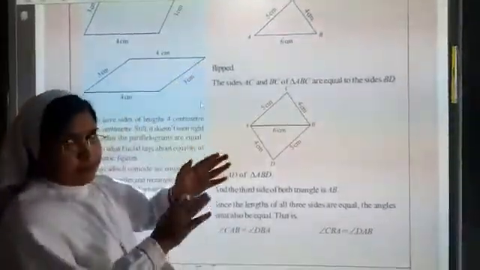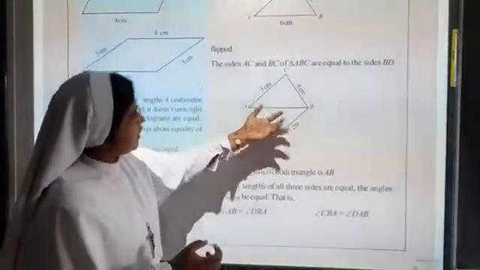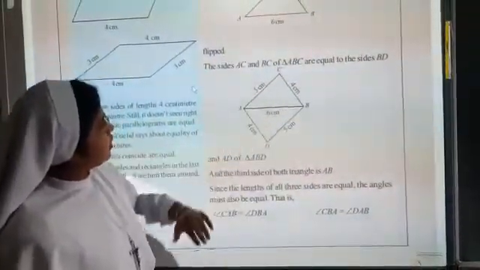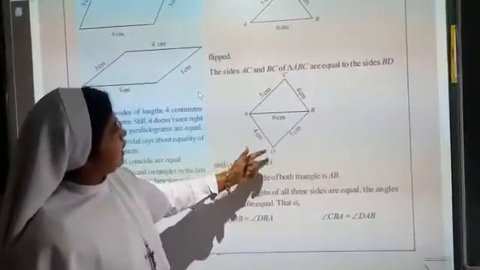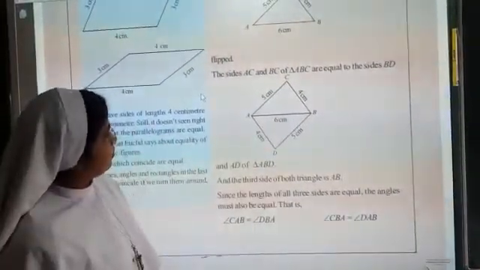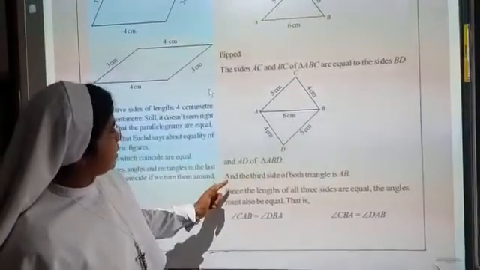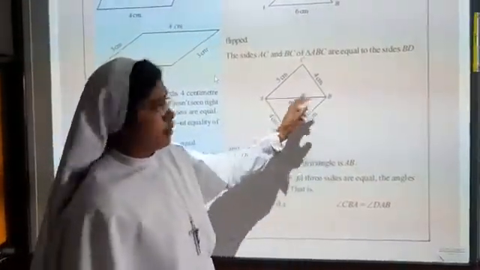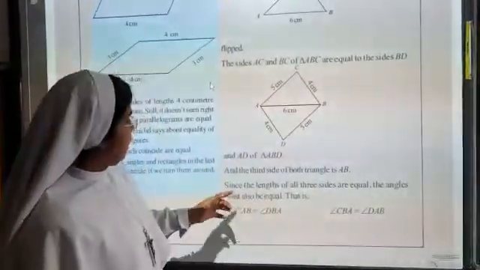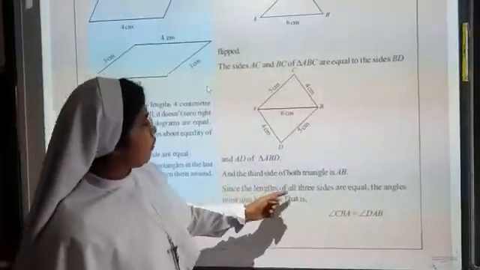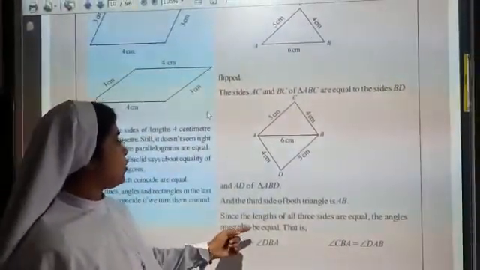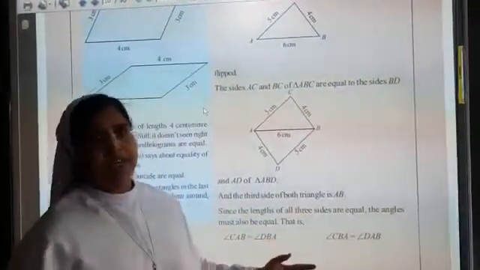When it is flipped, you can see ABC as it is, and when it is flipped, ABD is also there. Here it is given that the third side of both triangles is AB because it is flipped. Since the lengths of all three sides are equal, the angles must also be equal. That we have already learnt.